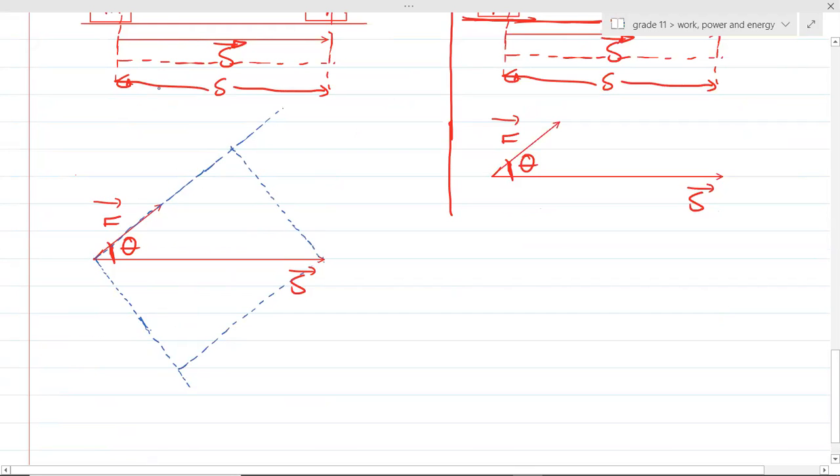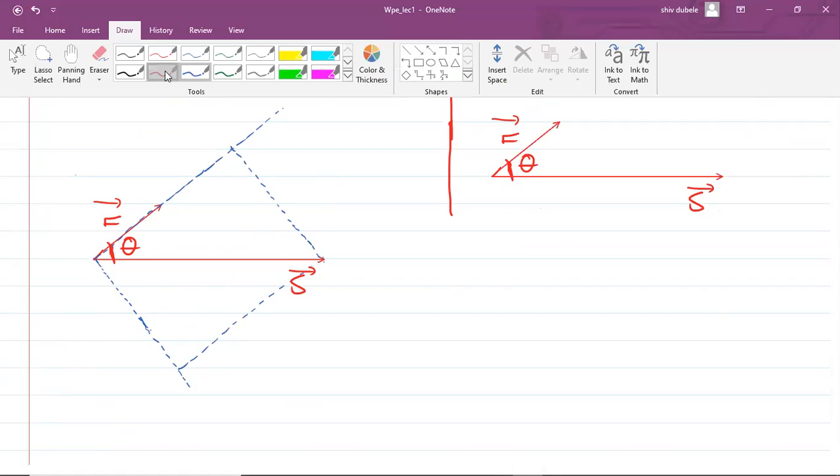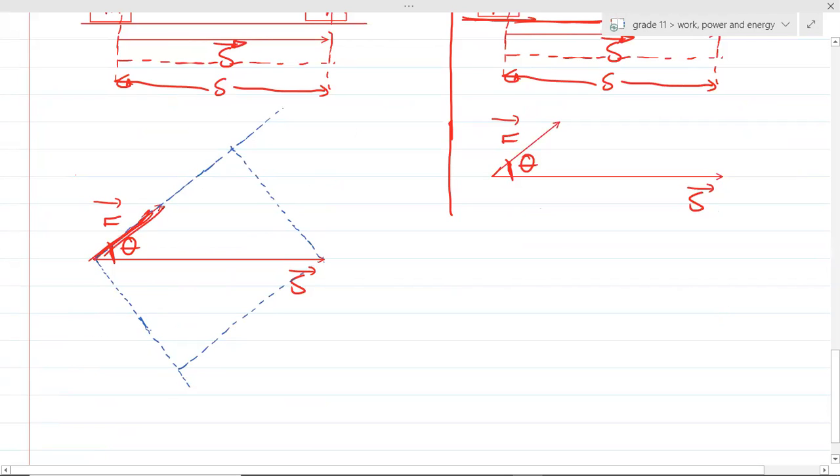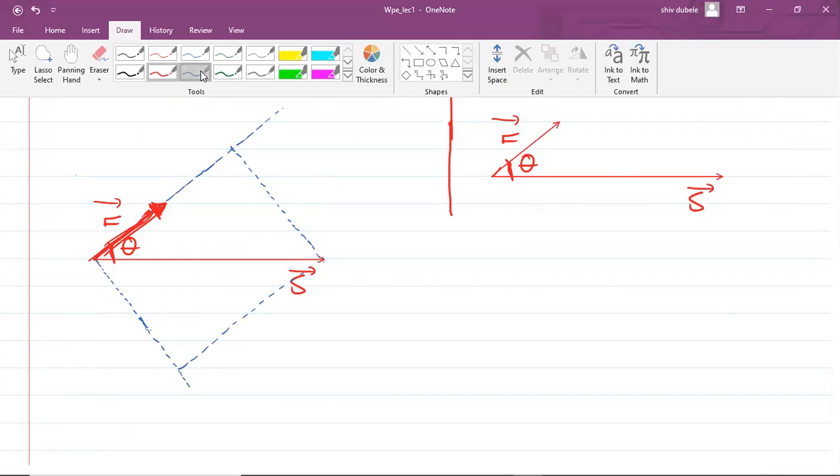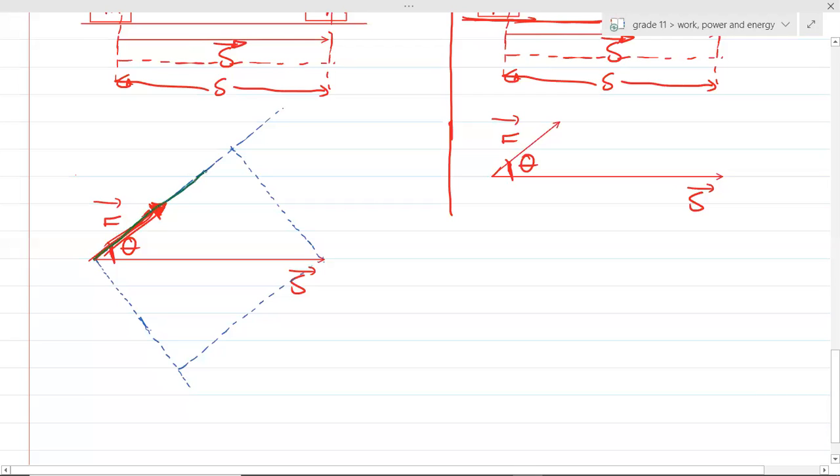This was your force vector. This was your displacement vector. I'll break this displacement vector into two components. Can you see one component of displacement vector is along the force and one component of displacement vector is perpendicular to the force? Yes, sir. This is basically your S parallel and this is basically your S perpendicular.